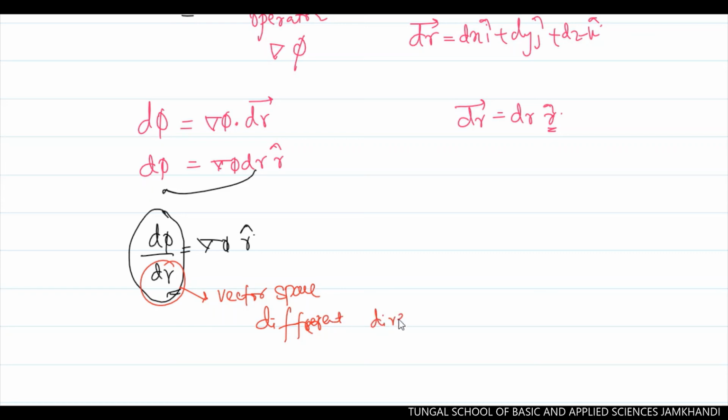That's the variation of this scalar function along all directions of a vector space. That's why we define this as grad of phi. In the previous class we defined grad of phi as the total variation of a scalar function along different directions in a vector space, called the gradient of a scalar.